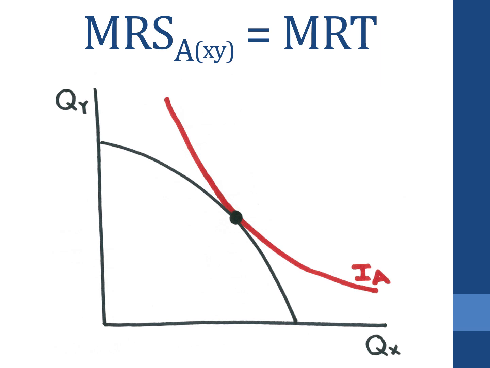If we do not have a point of output efficiency, it would make sense for either the producers or consumers to change the mix of what they are consuming and producing such that we end up at an output efficient point. They would be leaving opportunities on the table. What we can do is show this basic condition here, that we have this point of tangency.